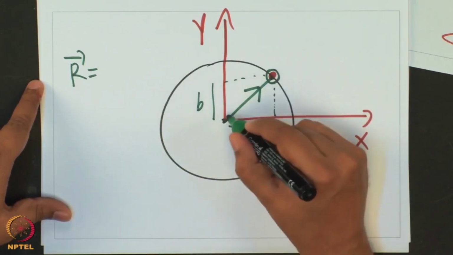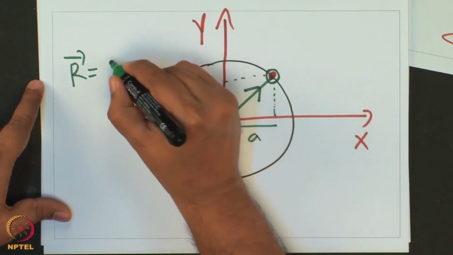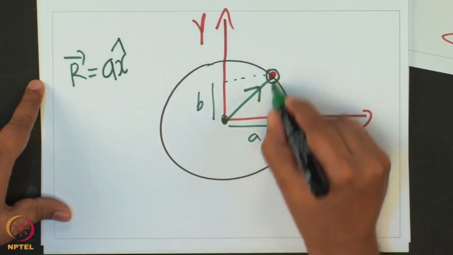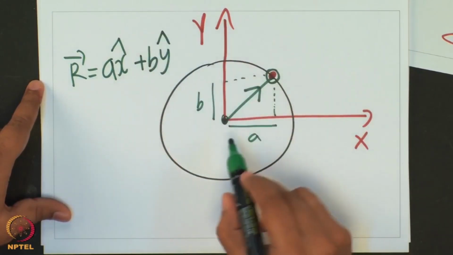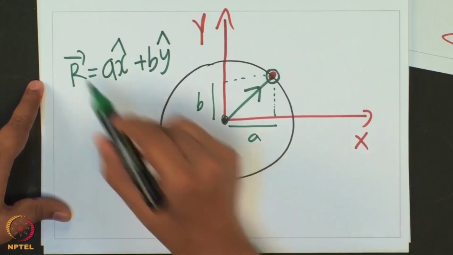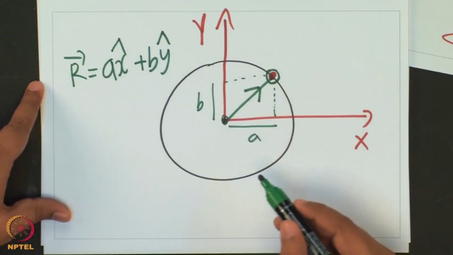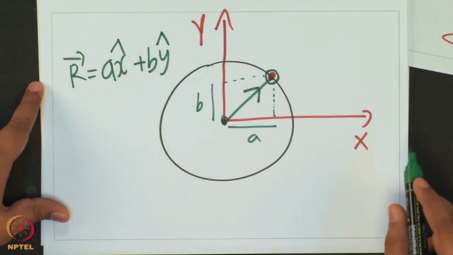To reach this position from this origin, I could go a along the x-axis and b along the y-axis. So, if I go a along the x direction and b along the y direction, I will reach this point, and that is what is represented by r = a x-cap + b y-cap, right.